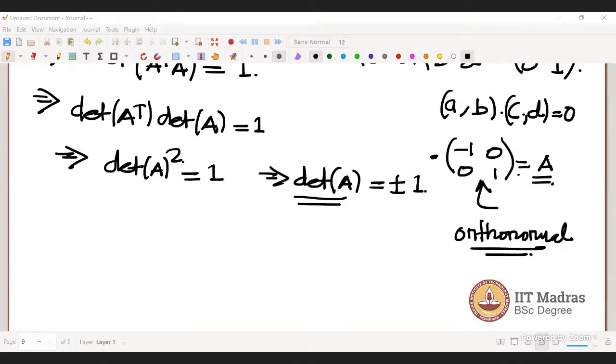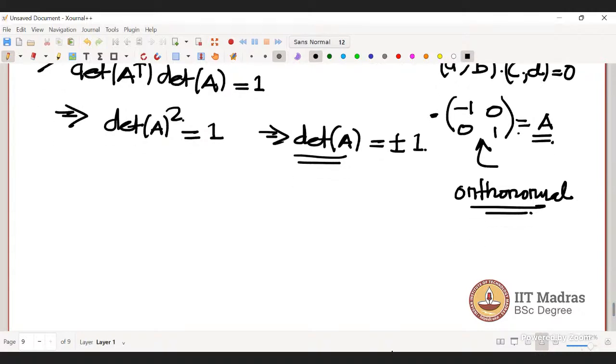Yes, sir. Now, sir, suppose we are given a matrix, the rows of which are orthonormal. Can we say the column vectors will be orthonormal too? If yes, then how? Yes. Okay. So the thing is, again, the same trick you have to use.